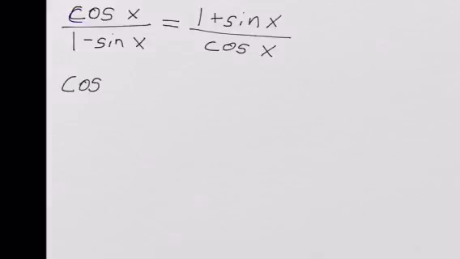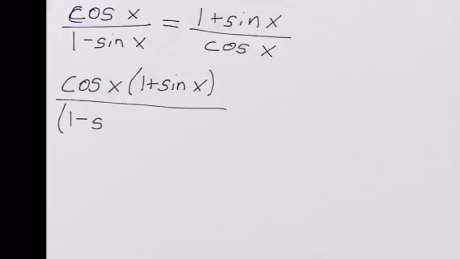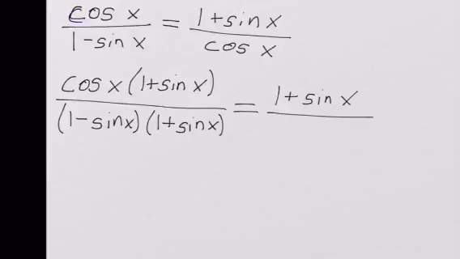So we get cosine x times 1 plus the sine of x over 1 minus sine x, 1 plus sine x, and that's equal to 1 plus sine x over cosine x.